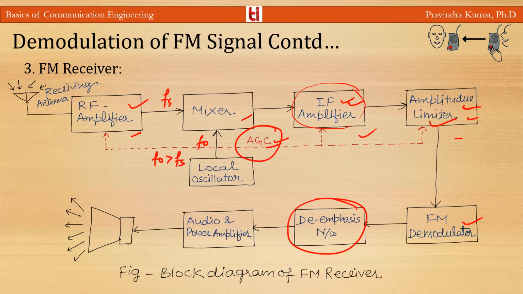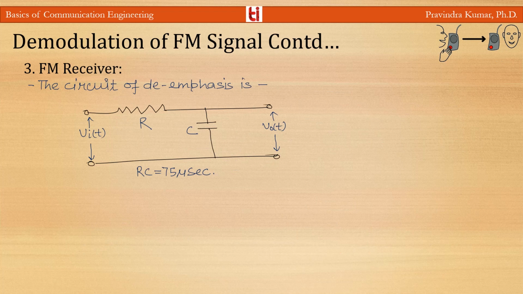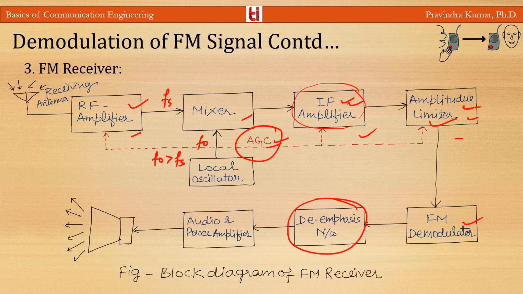This artificial boosting given to higher modulating frequencies in the process of pre-emphasis is nullified or compensated at the receiver by a process known as de-emphasis. De-emphasis behaves like an integrator, and pre-emphasis behaves like a differentiator. De-emphasis circuits are used after demodulation, and work as a low pass filter, and the pre-emphasis circuit at the transmitting side works as a high pass filter.